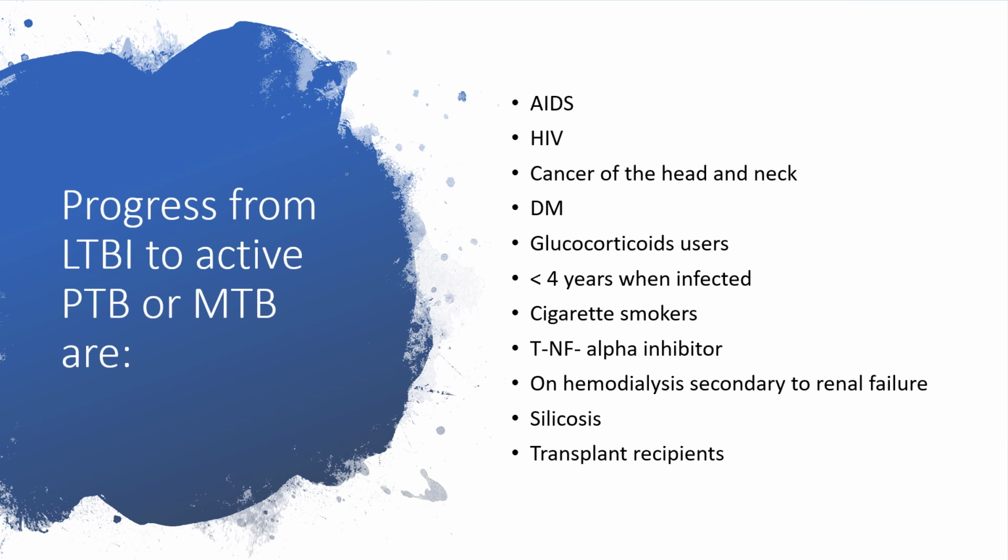The risk factors for progression from latent TB to active pulmonary TB or miliary tuberculosis are AIDS, HIV, cancer of the head and neck, diabetes mellitus, glucocorticoid use, people younger than 4 years old when infected, cigarette smoking, tumor necrosis factor alpha inhibitors, those on hemodialysis secondary to chronic renal failure, silicosis, and transplant recipients on immunosuppressive agents.